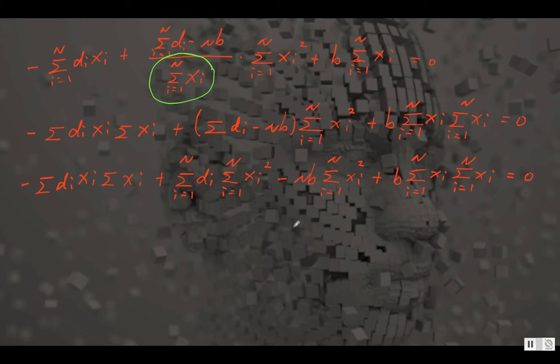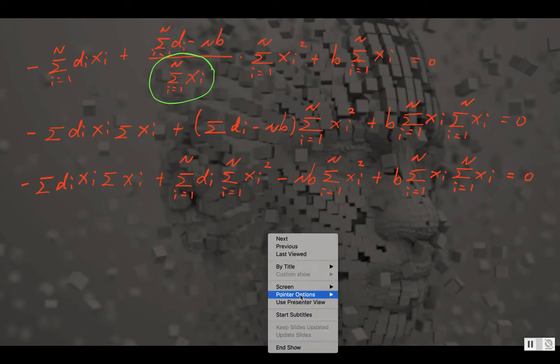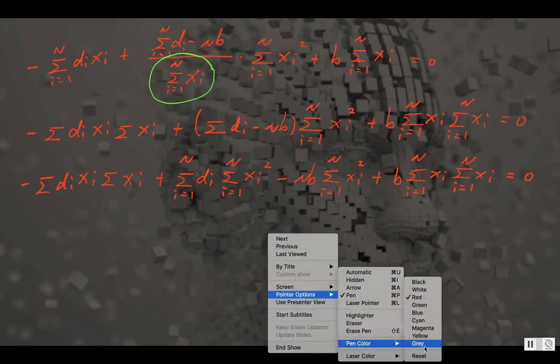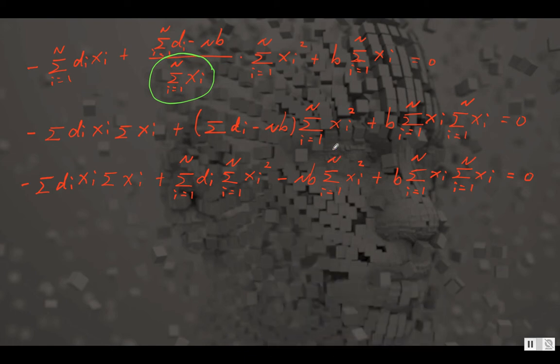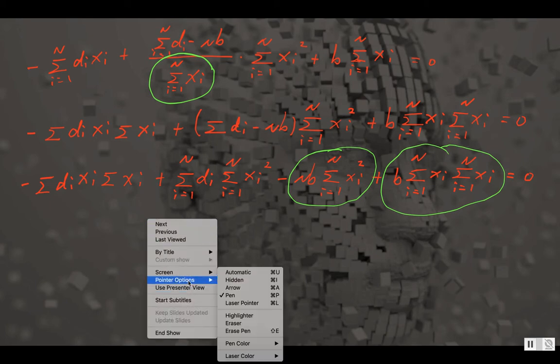Okay, here has b. Let's mark all the terms with b. So here has b terms, and this term has b. So we know b is a constant. We can move the b outside the summation.